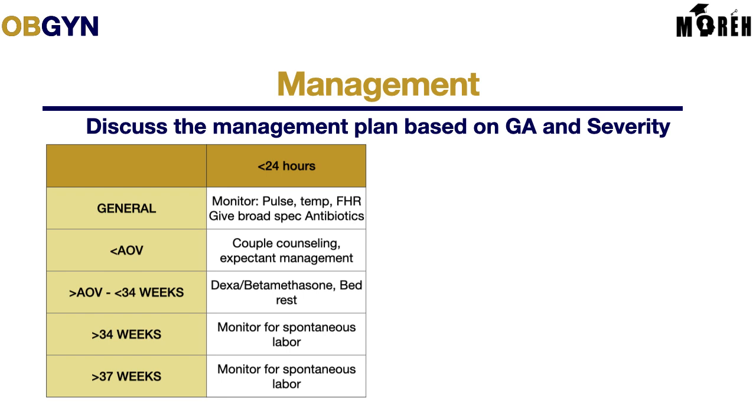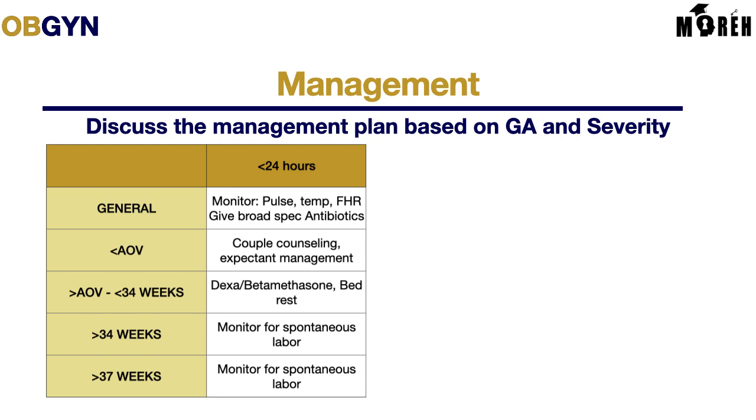If it's above the age of viability but before 34 weeks, especially if it's after 28 weeks, we want to give corticosteroids. There has been research which shows that because of the chances of preterm labor and prematurity, it's very important to give both antibiotics and corticosteroids.